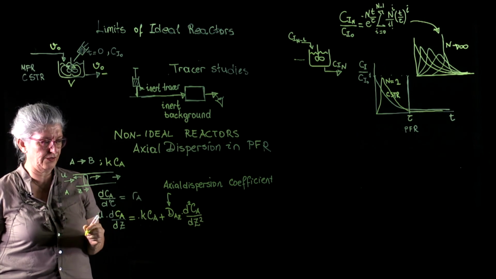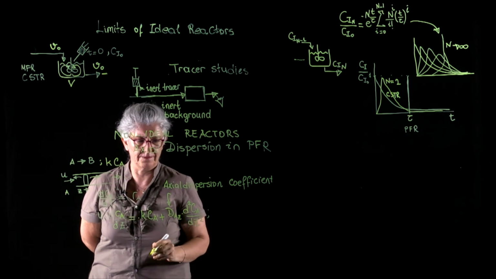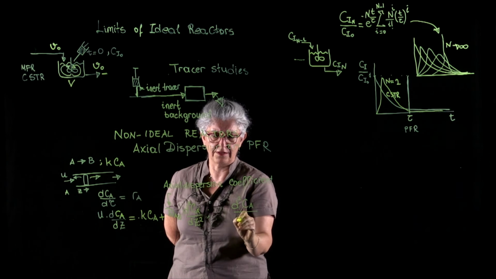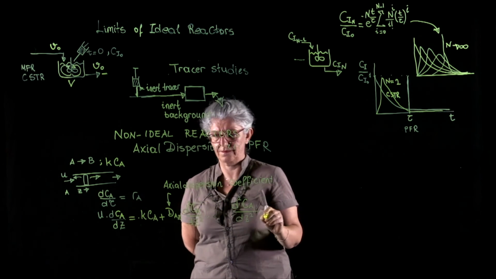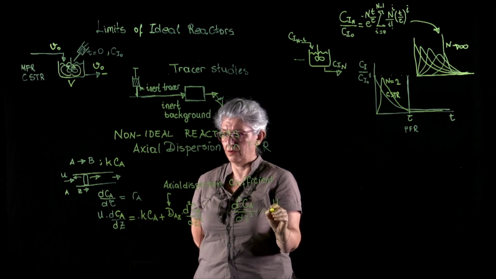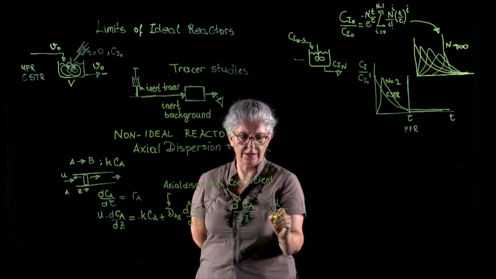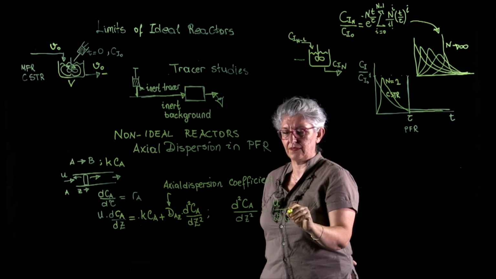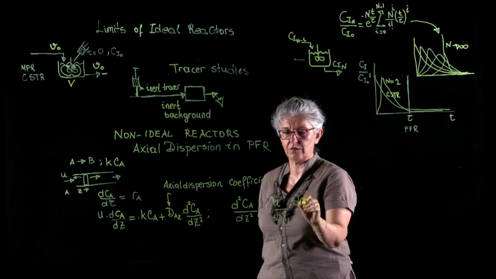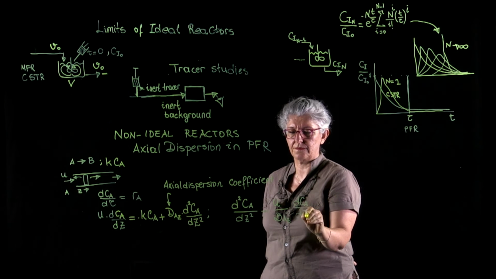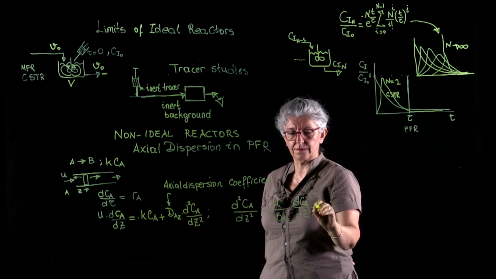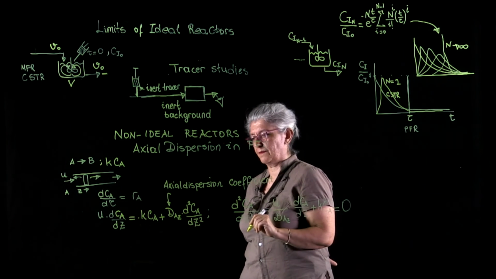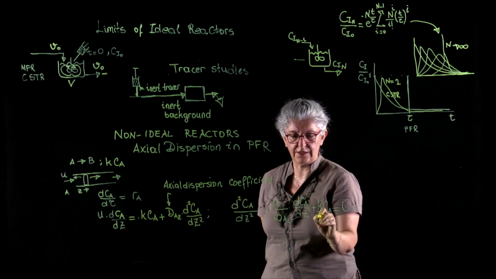Now let's rearrange this equation. D squared Ca over dz squared, minus u over, I divided the whole equation by the axial dispersion coefficient, times dCA over dz, plus k times Ca is equal to 0. k over dAz.